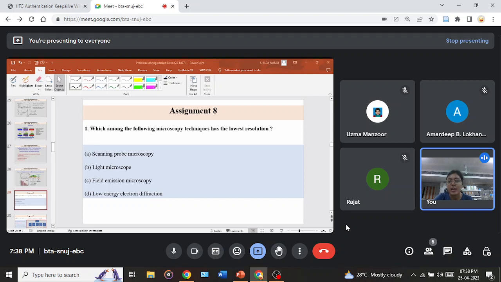Your options here are: A, scanning probe microscopy; B, light microscopy; C, field emission microscopy; and D, low energy electron diffraction. So you have to say, in terms of lowest resolution, which among the following microscopy techniques has the lowest resolution?